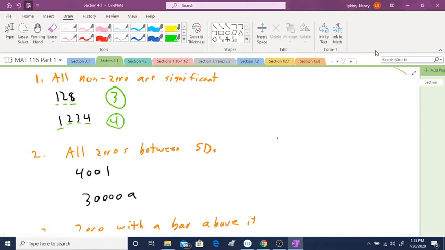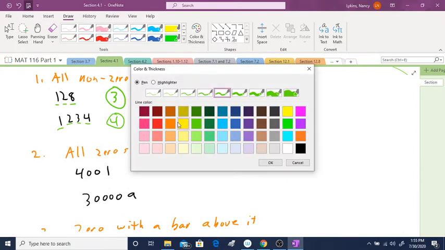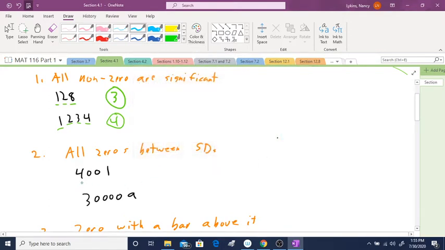Another rule is that all zeros between the significant digits count. First of all, I use my first rule and say the 4 and the 1 are significant, and we also include the zeros.